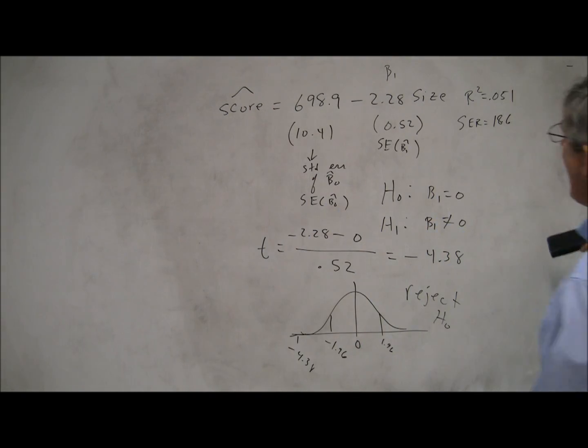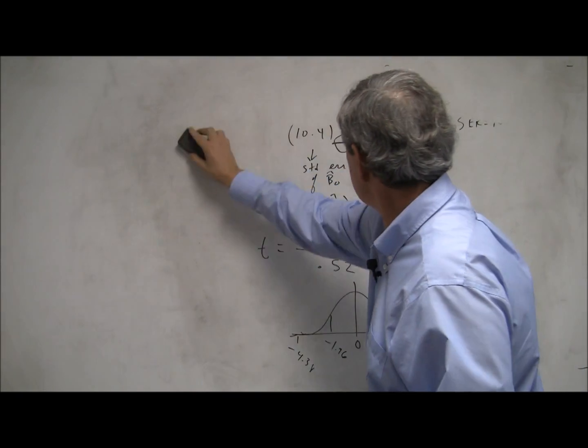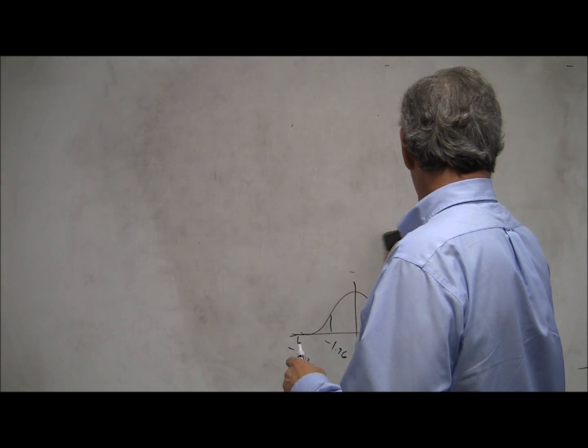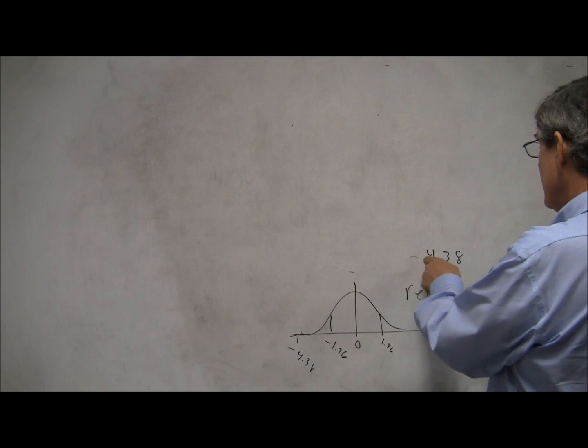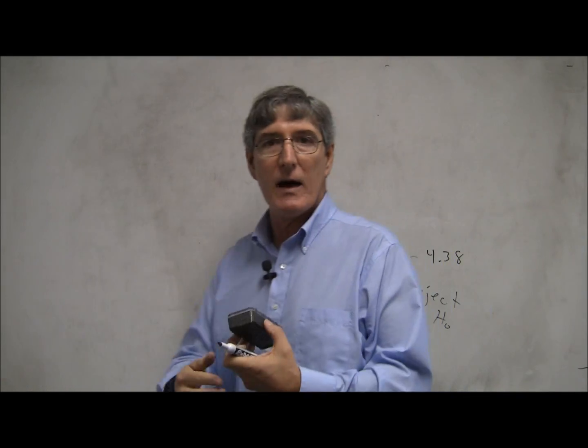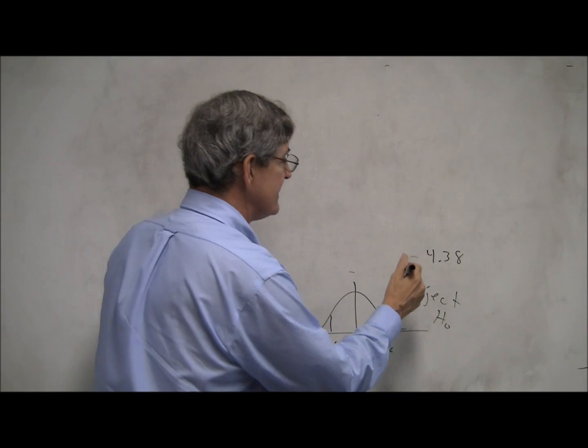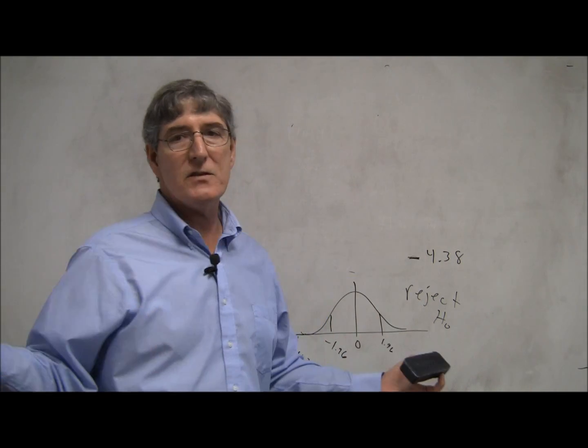If you were to go back to the T or the Z table, the normal tables in the back of the book, and look up the p-value for this minus 4.38, it is so big that you won't even find it on the tables. It's just too far.